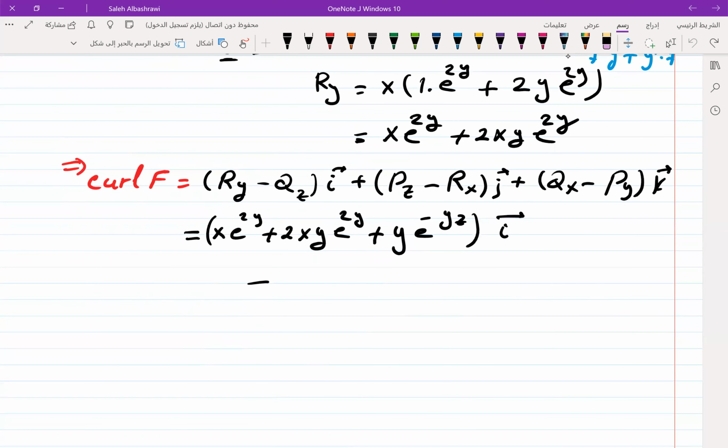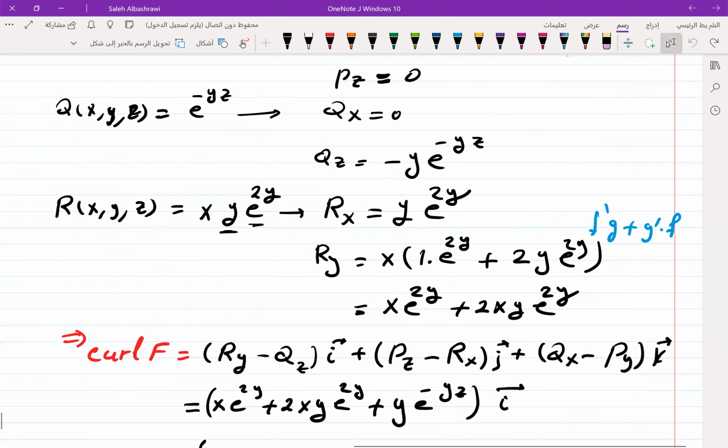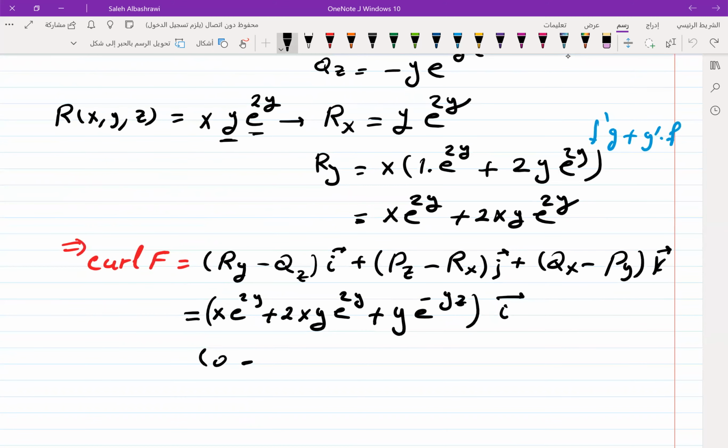Second component is p sub z minus r sub x. P sub z is equal to 0 minus r sub x, which is y e to power 2y j. Last one, q sub x minus p sub y.